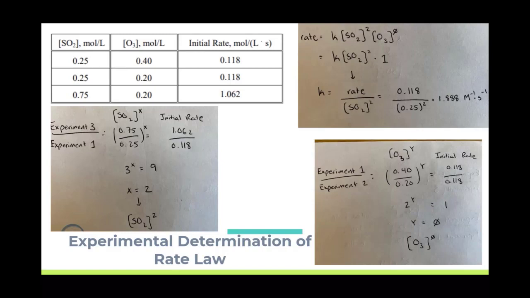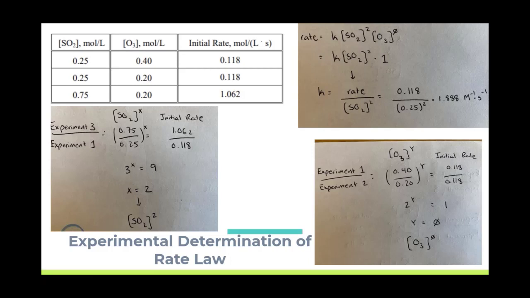In those experiments, O3 changes concentration from 0.4 to 0.2. So we can divide 0.4 by 0.2, all to the y power. Then divide the rates by each other. Since the rates are the same, you'll get a 1 on the rate side.